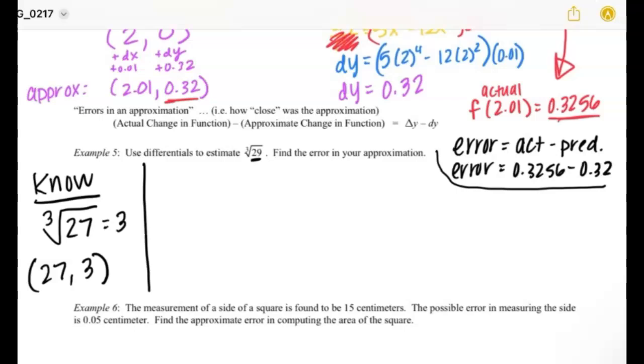Once we know a point, we're going to use the known value to approximate the unknown value. So this function, we've always been given a function in every example so far. Sometimes if you're not given a function, you just have to know that the function came from this. 29 was just an input, but this is really the cube root of x.